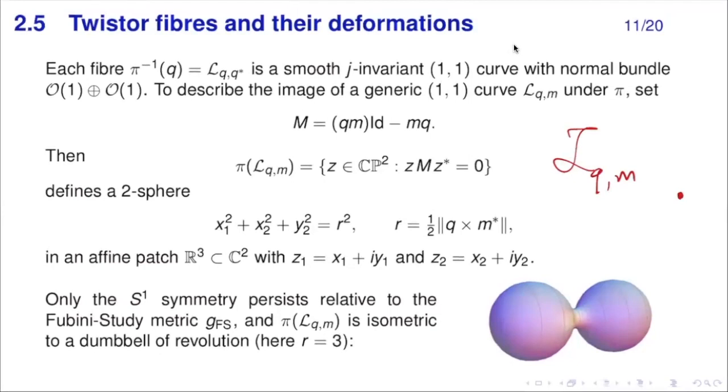At the other extreme, these can become reducible. If QM is equal to 0, remember, so of course if M is Q star, it can't be 0, but if QM is equal to 0, this is just the union of two of the other fibers. And in that case, we just get two spheres stuck together. Of course, that would be when QM is 0.